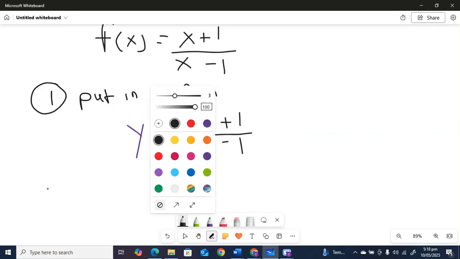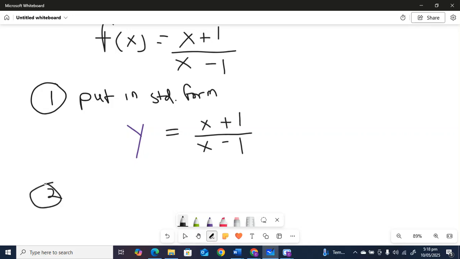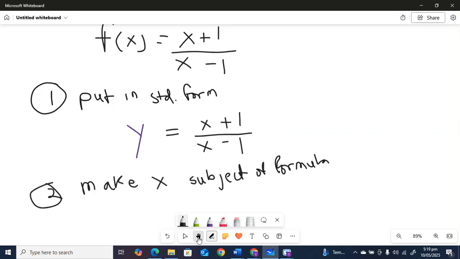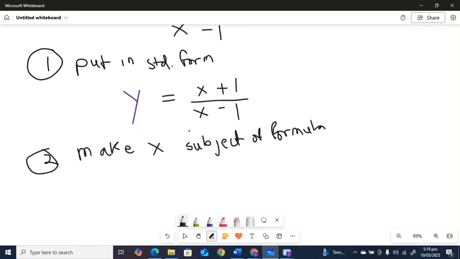Step 2, make x the subject of the formula. Basically what we're going to do here first, we need to cross multiply.